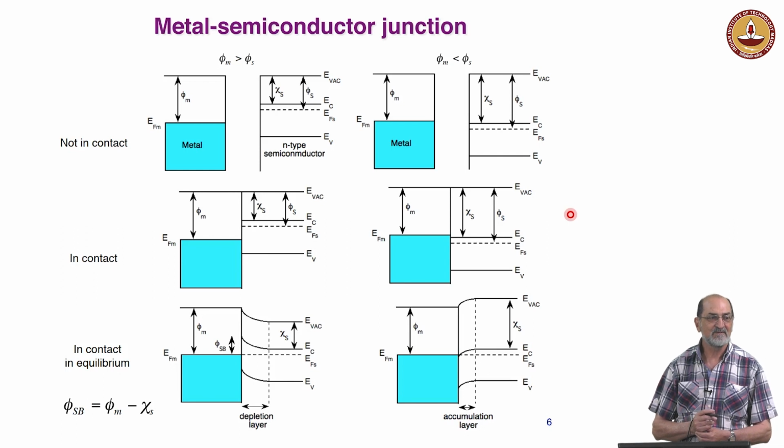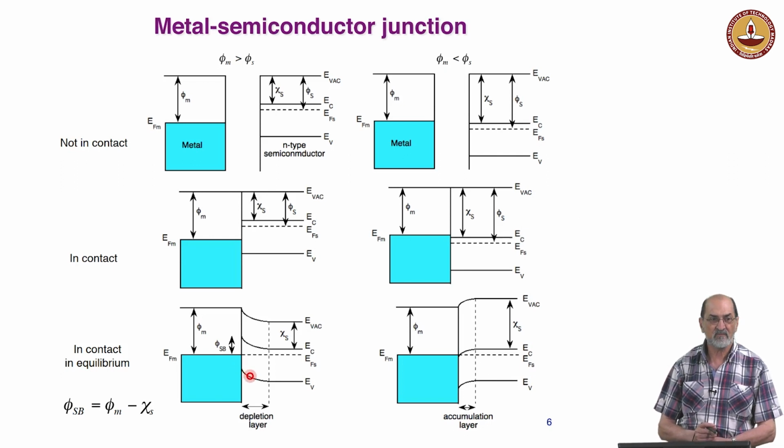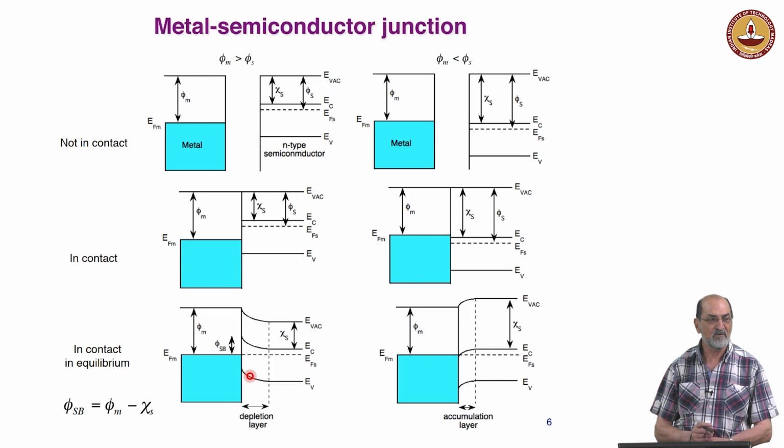What people do is to heavily dope the surface of the semiconductor. And we make the contact. We are not going to avoid having the Schottky barrier. But since the doping is very high, the width of the barrier is going to be very small. And if the width is very small, we are going to have an easy transport through tunneling from the metal to the semiconductor and vice versa.